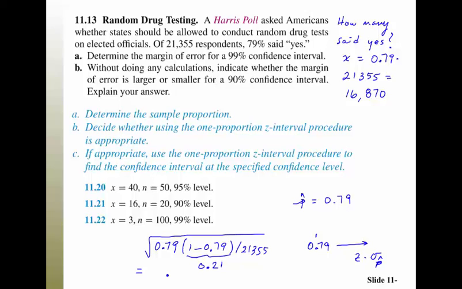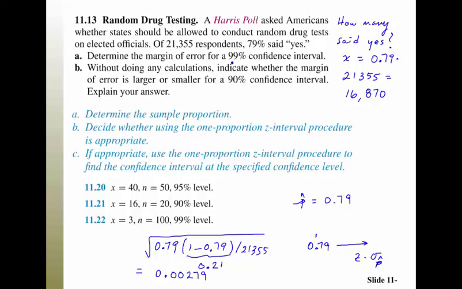Nice and loud as soon as you get it. 0.0028? 79? Let's do 79. Okay, and then we need what the z is.